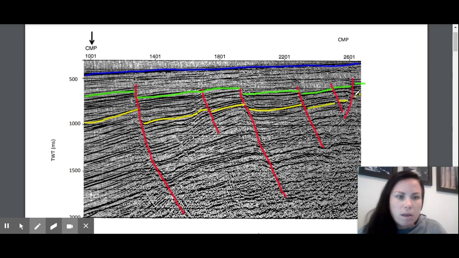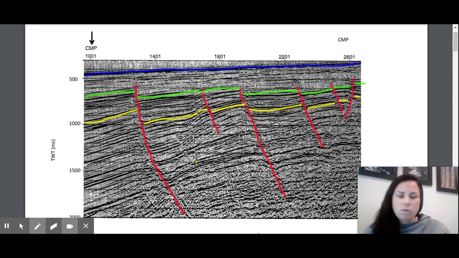So maybe you can see some of these features. Basically, it's a little bit like recognizing patterns and seeing patterns across faults and seeing disruptions in these different waves. And you can infer different things about the subsurface based on these observations.